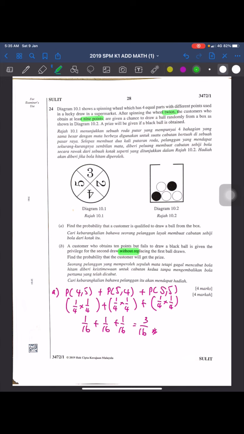So find the probability that the customer will get the prize. Will get the prize maksudnya dia akan dapat bola hitam lah. So maksudnya di sini, dia dapat at least 10. Lepas tu sekali ambil.